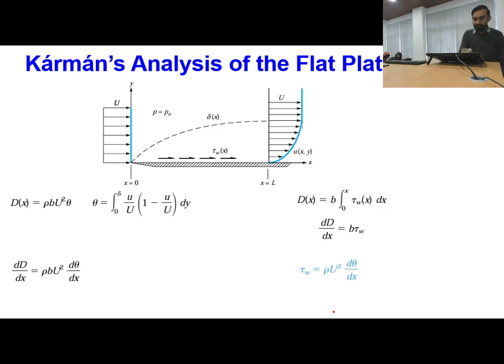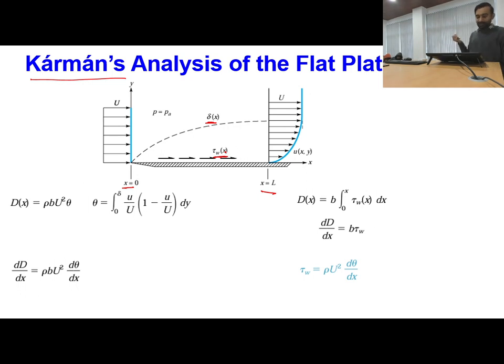Now, let's come to Karman's analysis of the flat plate. In this analysis, once again the situation is identical, x equal to 0, x equal to L. At any arbitrary value of x, delta will be a function of x, because the boundary layer thickness is changing as we change x. And this is the velocity profile within the boundary layer, and the wall shear stress will also be a function of x, because velocity is a function of x.